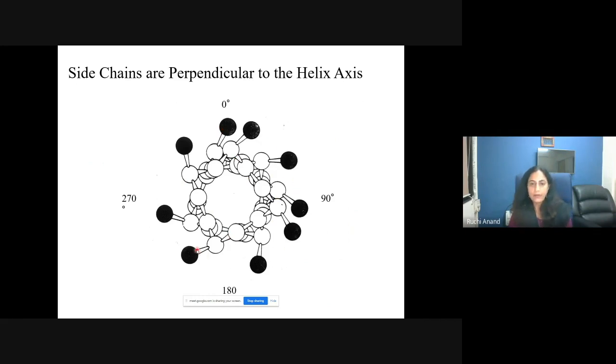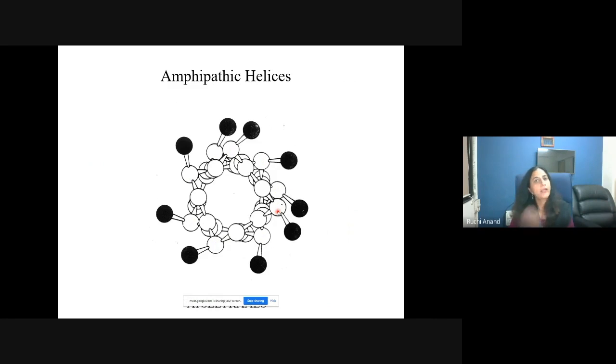This is the first amino acid, and this is 100 degrees away the second amino acid, and another 100 degrees away the third amino acid and the fourth. Then you change your turn and look at the projection. Every 100 degrees there will be an amino acid, and this type of representation is called a helical wheel representation.